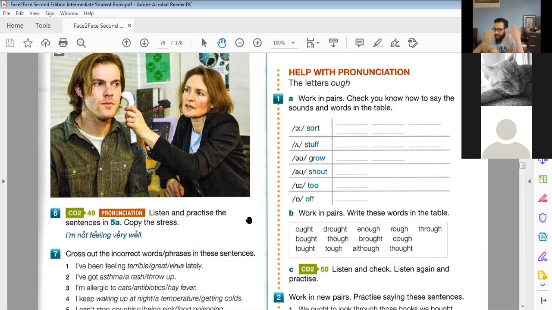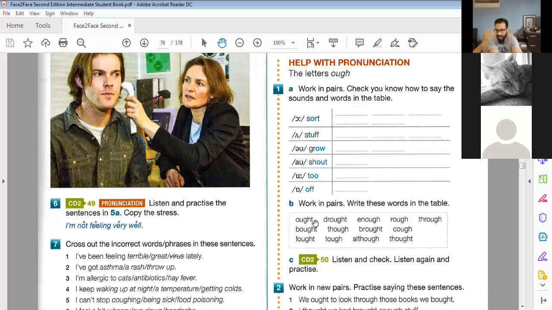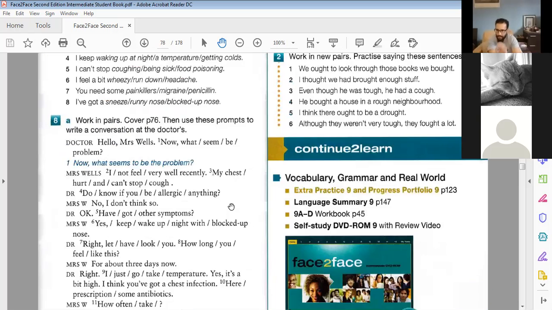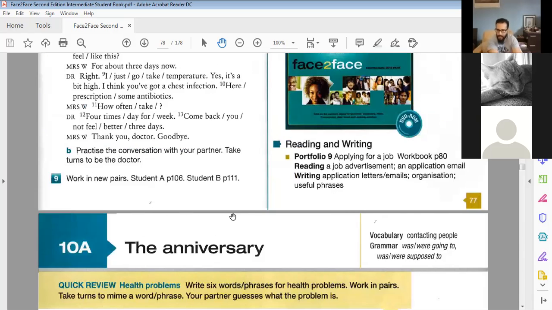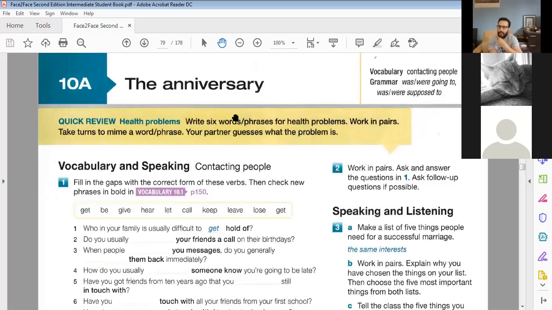You just can't guess them. So I think whoever put together this exercise knew exactly what they were doing. It's a good exercise, a great pronunciation exercise. All right, we can move on.